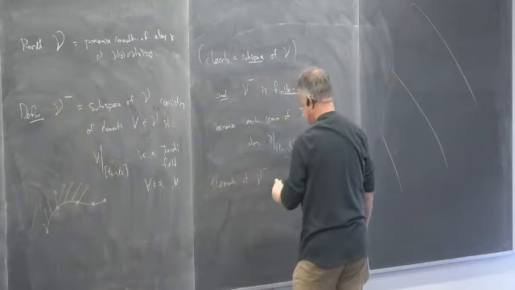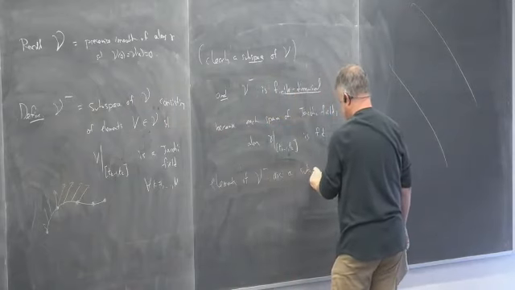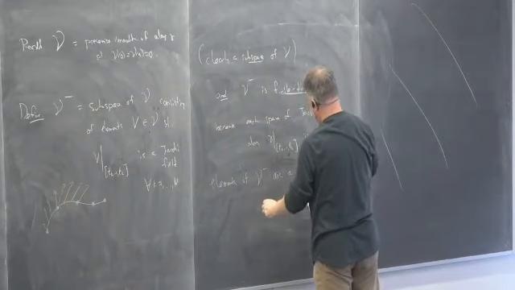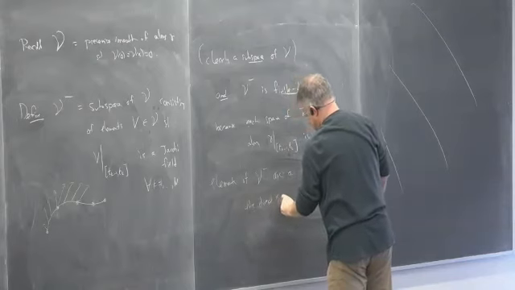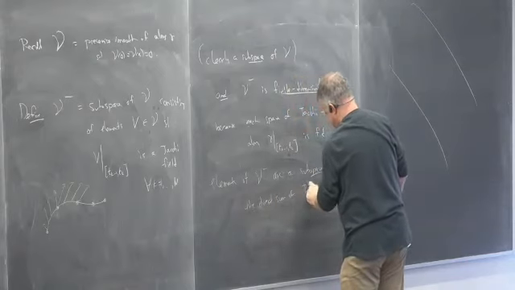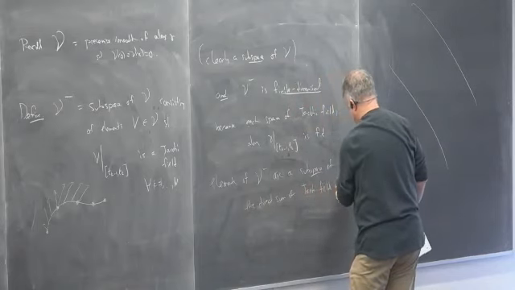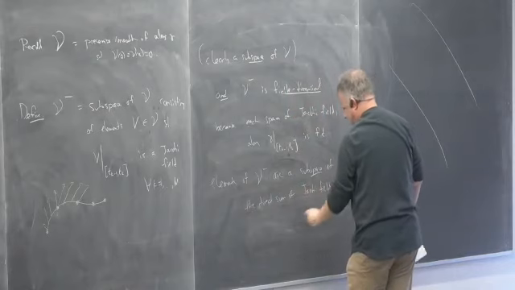So the elements of V minus are a subspace of this direct sum of the Jacobi fields along gamma restricted to t k minus 1, t k, right?